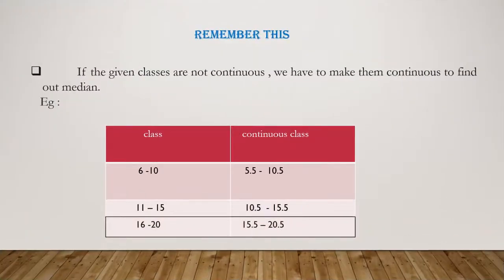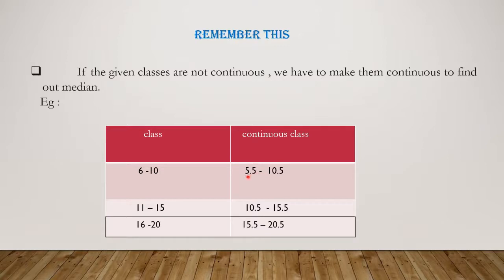Before making the cumulative frequency distribution table, keep these points in your mind. If the given classes are not continuous, we have to make them continuous, and after that find the median. I am showing one example here. In this, the first column has discontinuous classes.